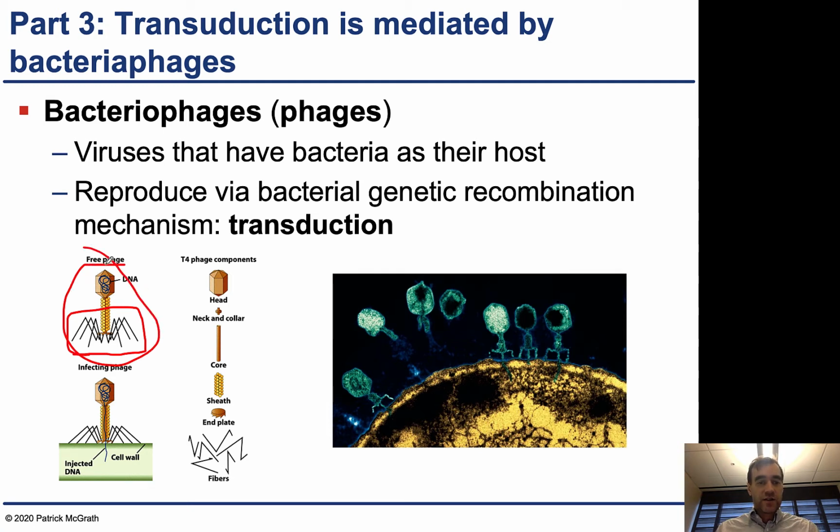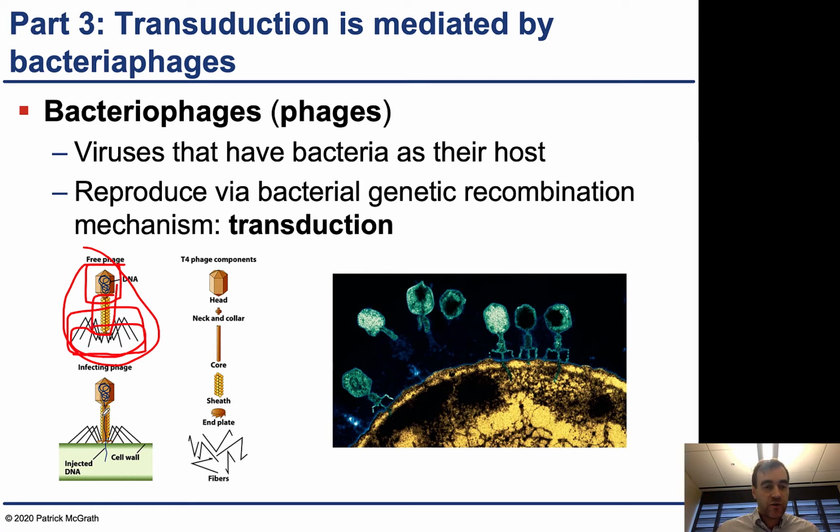It has a head part, and the head is where the DNA genome is kept. This is a linear strand of DNA, and it encodes a large number of factors necessary either for taking over the bacteria cell or for producing new phage particles. It also has this core and sheath, and then the fibers that are used to attach to the bacteria cell.